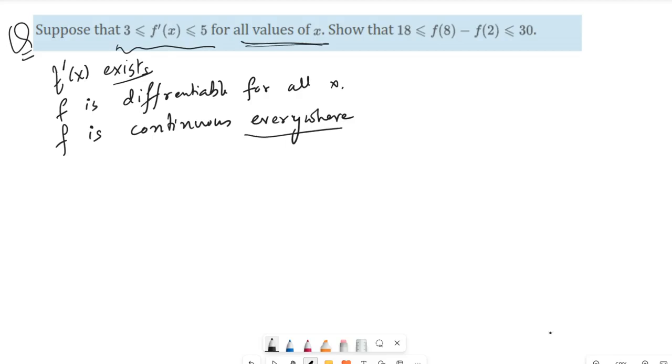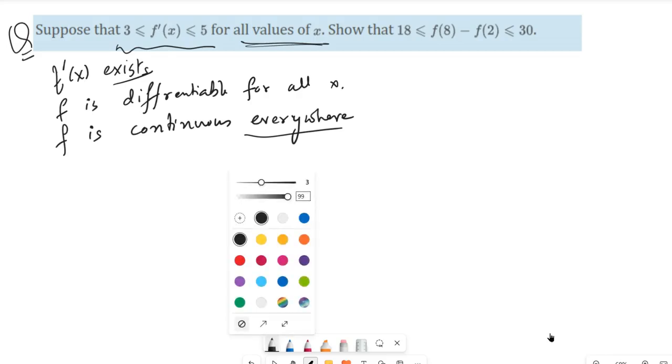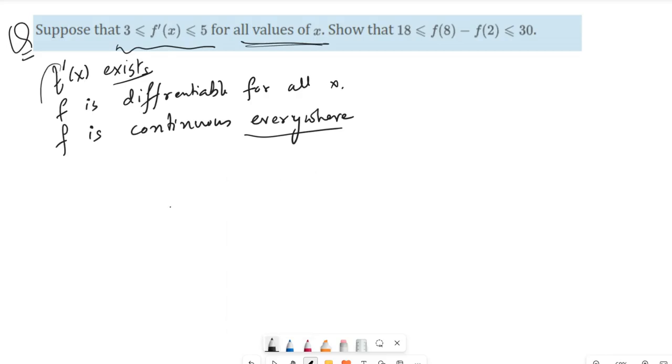So we are good, right? Now I read the question: show that 18 is less than f of 8 minus f of 2, which is less than 30. Both the conditions of MVT are checked. That means I can apply MVT, but on which interval? I see f of 8 minus f of 2, which gives me a clue that I'm looking for this interval.